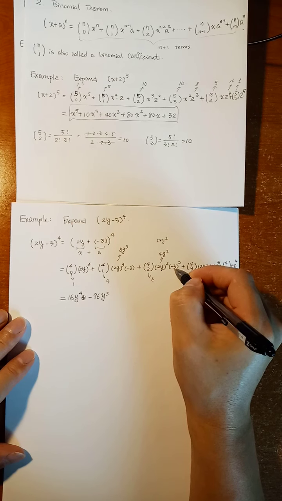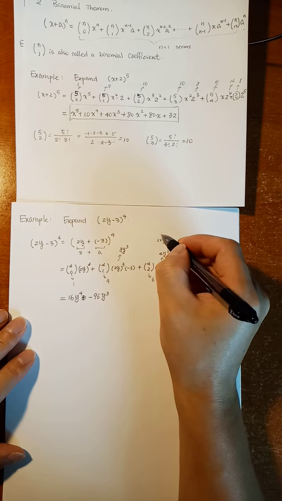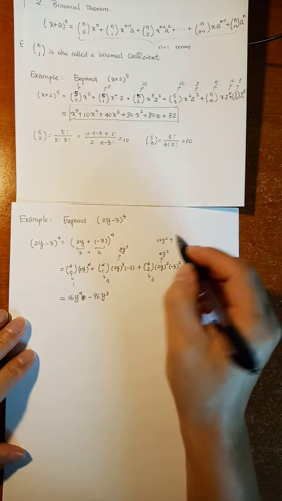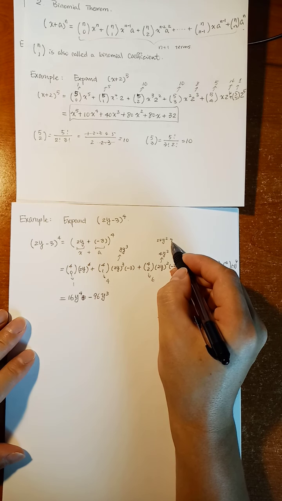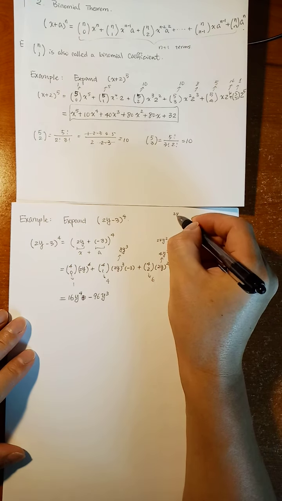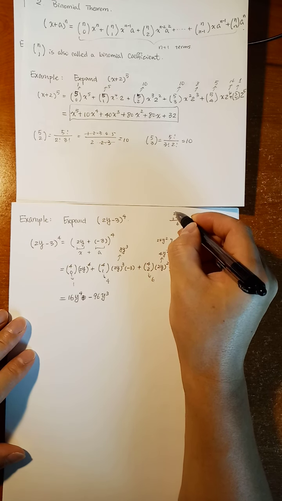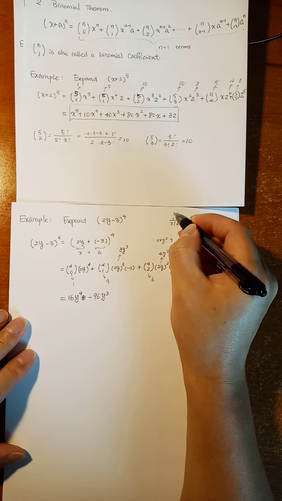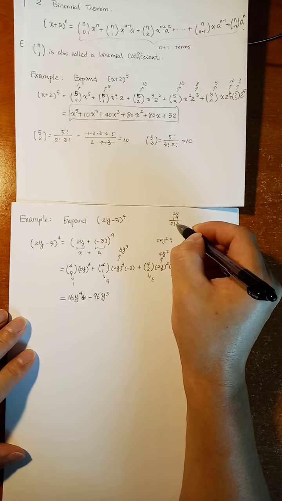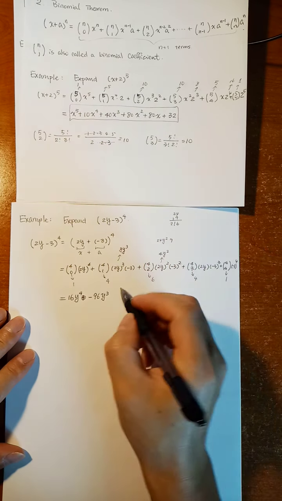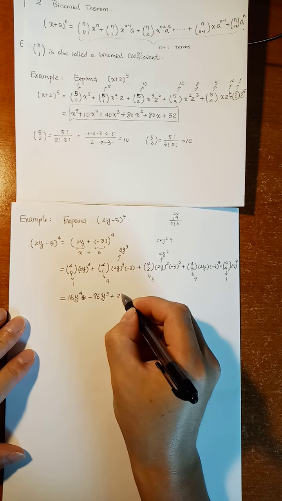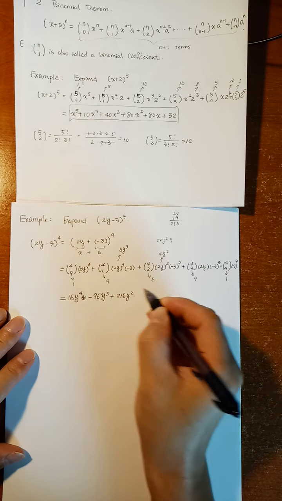24y squared. Negative 3 squared is 9, times 9. 24 times 9, what is it? 2 times 9 is 18, 18 plus 3 is 21, so it's 216y squared.